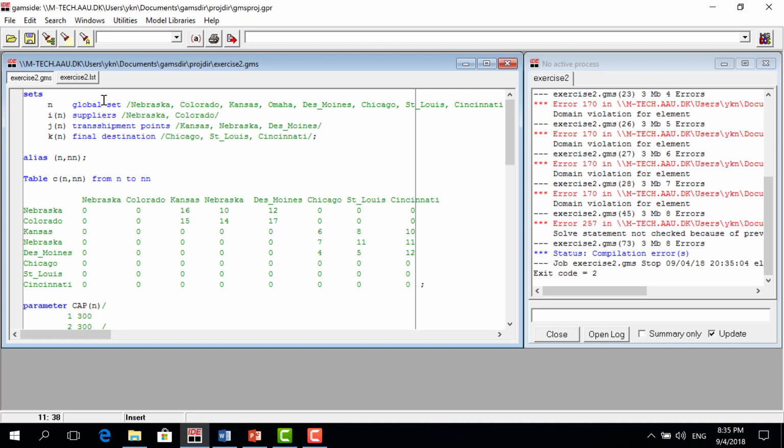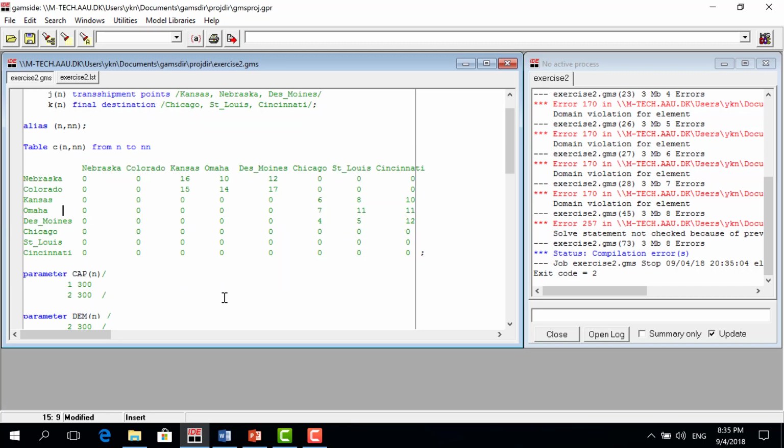This one, Omaha, and here we have Omaha. Okay, so we have to change also this one, Nebraska and Colorado.